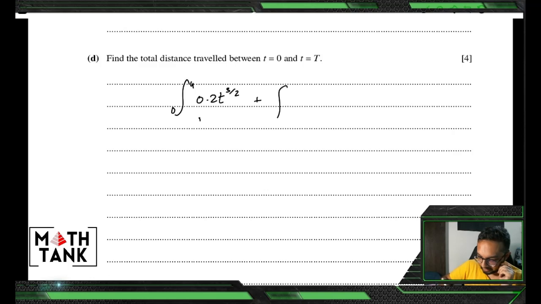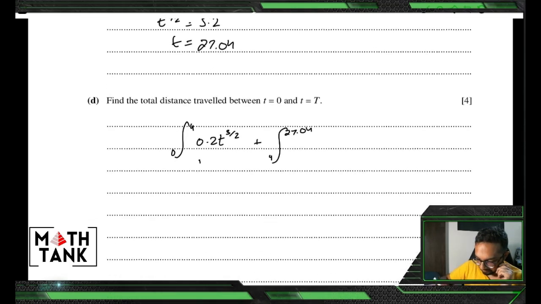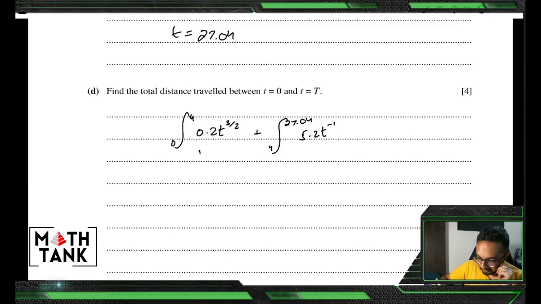And then I'm going to add this up with 4 to 27.04. I'm integrating 5.2 t power minus half minus 1. So that becomes 5.2 t power half divided by half, minus t, with limits 4 to 27.04.